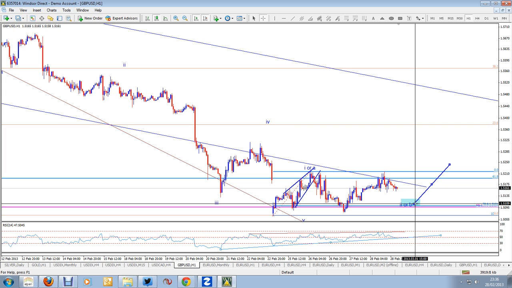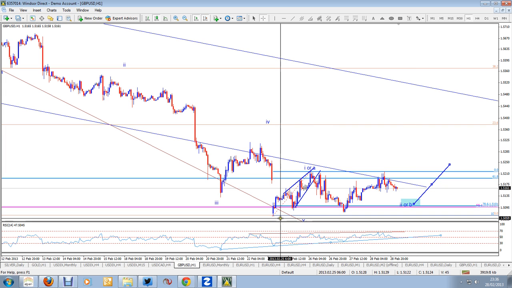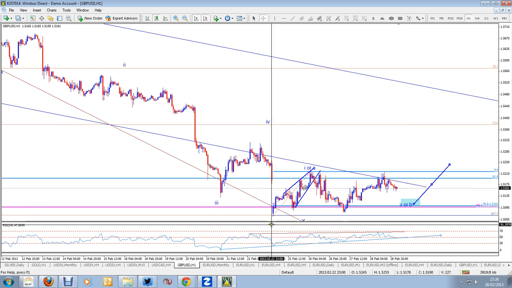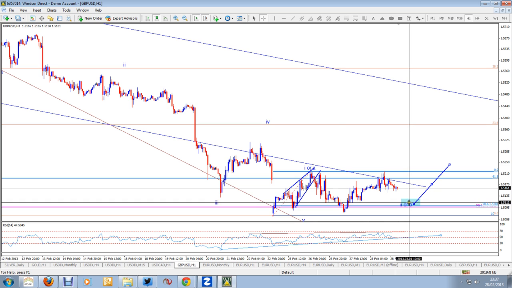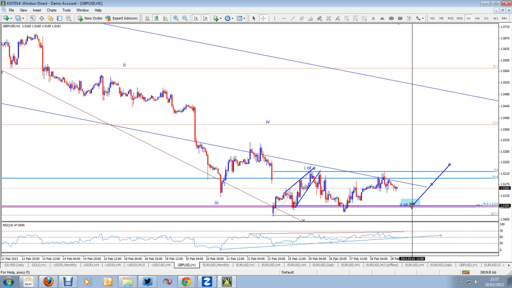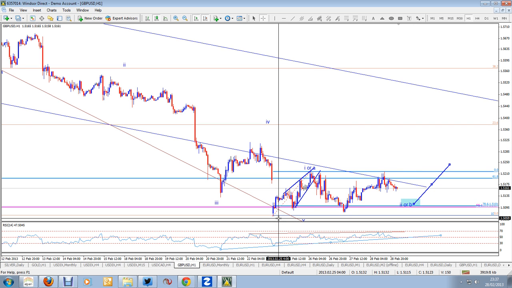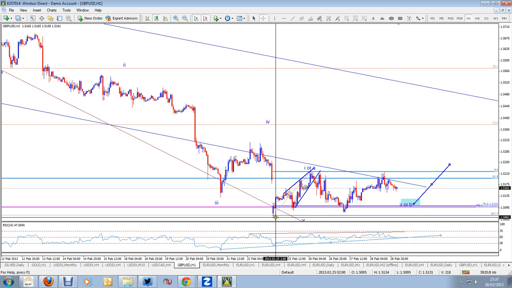So that would be the area to get long, and the stop can be just below this last low here, because if this is the new trend and this is wave A or a 1 and this is wave B or a 2, then you do not expect price to take out this last low. If it takes it out, then we've got something else playing out. So really I would not give this one too much room.